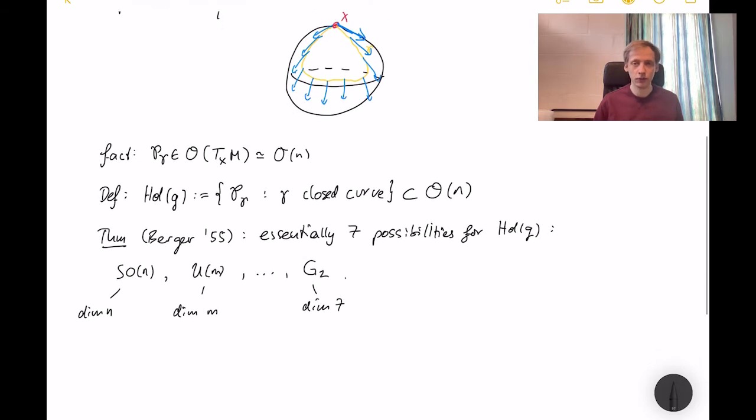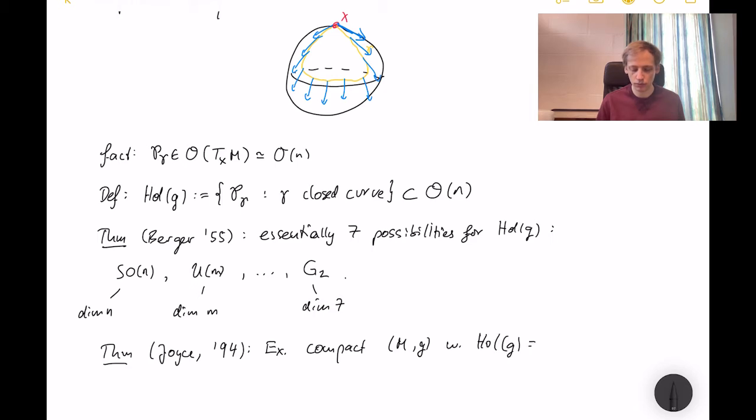They were eventually constructed, and the first compact example was constructed almost 40 years later. So that's a theorem by Joyce from '94, which says there exists a compact Riemannian manifold, say (M, g), with holonomy equal to G2.